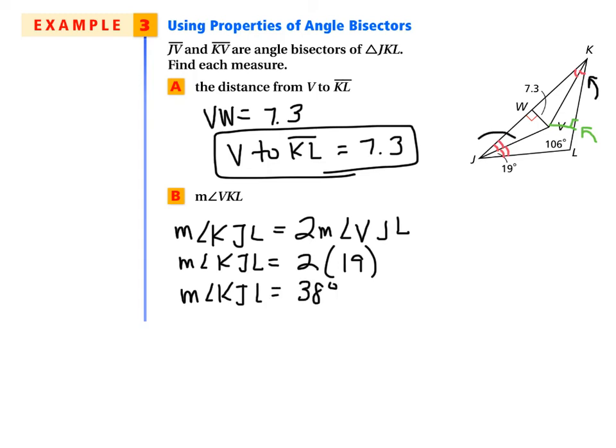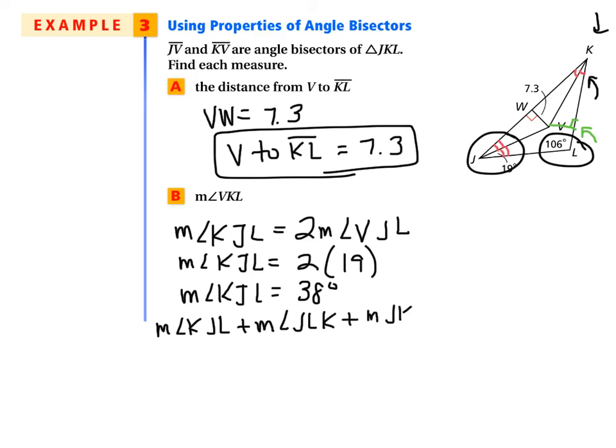Now, we know this angle. Let's find the other angle. It's just the triangle sum theorem. So because of the triangle sum theorem, I know that the measure of angle KJL plus the measure of angle JLK, which is 106, plus the measure of angle JKL, all equals 180 degrees.